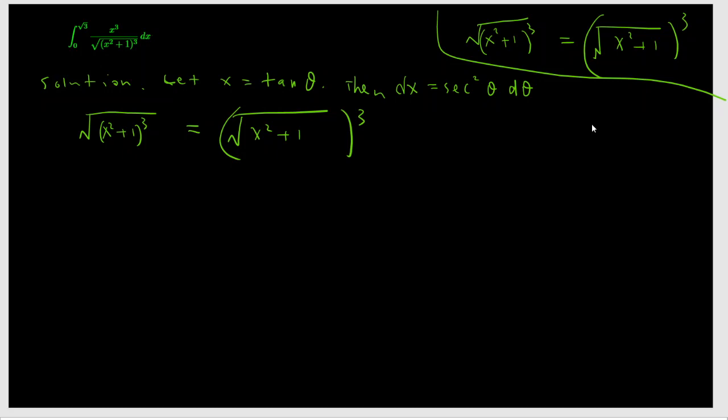Okay. Now I'm going to replace x with tan of theta to see what's going on. You are going to see where we use the identity. Okay. So wherever I see x, I replace x with tan of theta. So you have tan of theta, the whole thing squared, and then plus 1, and then the whole thing cubed, right?